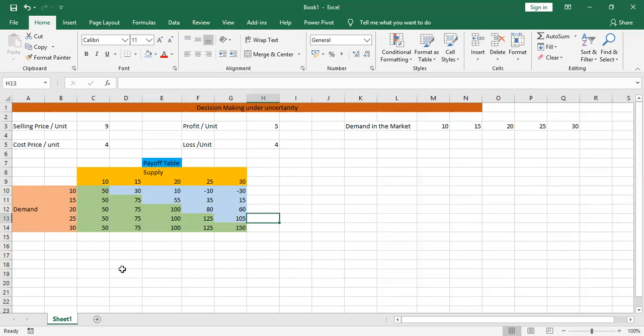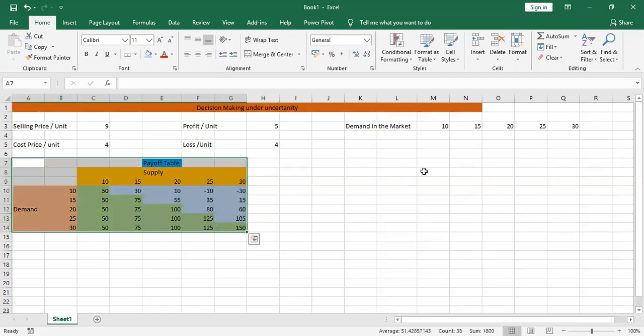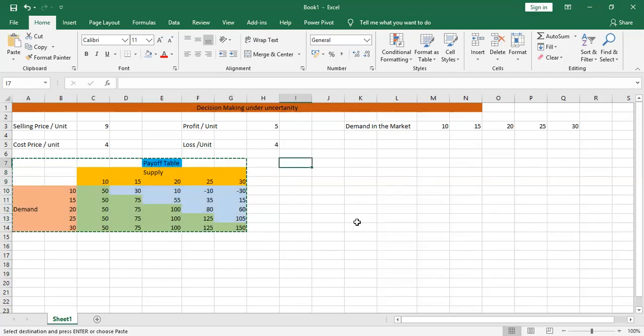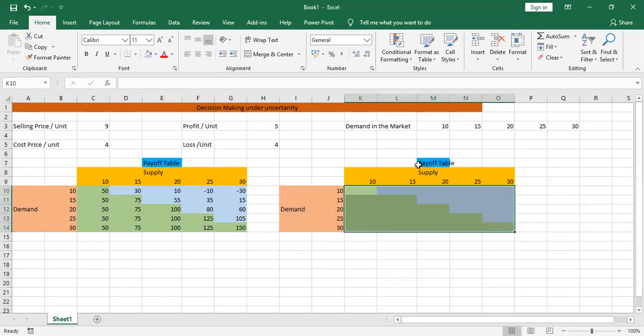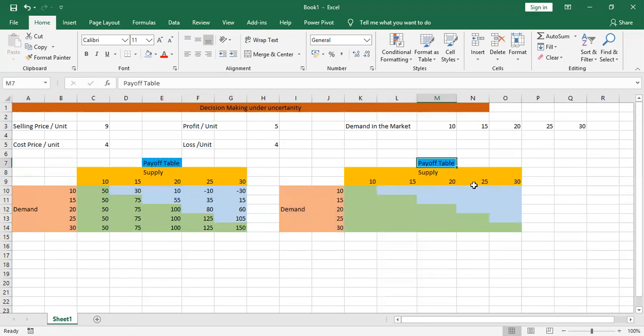In the payoff table, we can prepare a loss table also. What is the loss table? Control C, Control V. I'm talking about the loss table. The loss table is known as the regret table also.